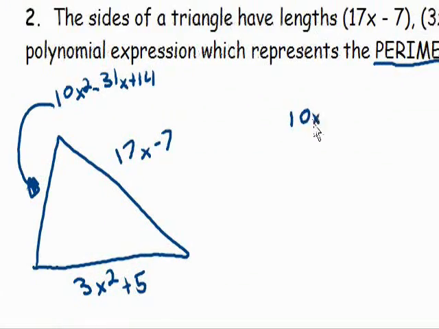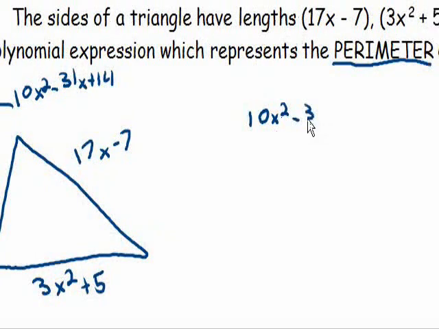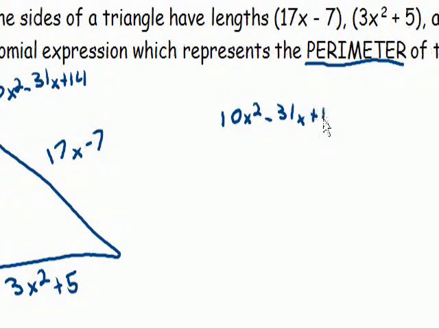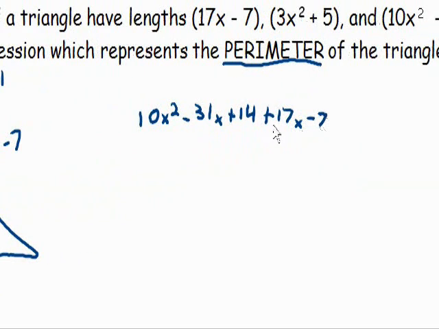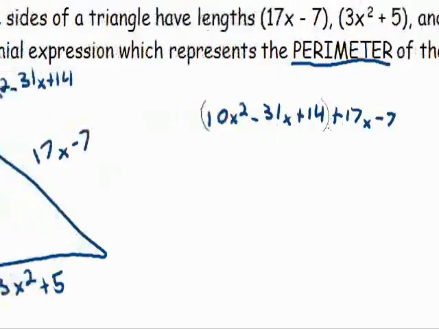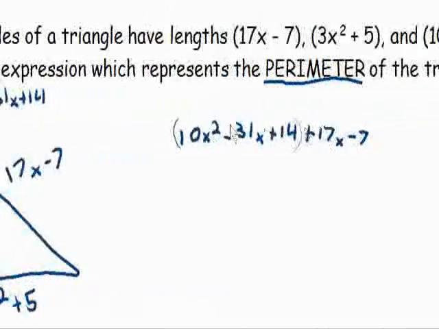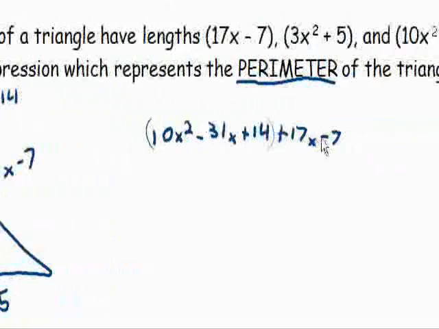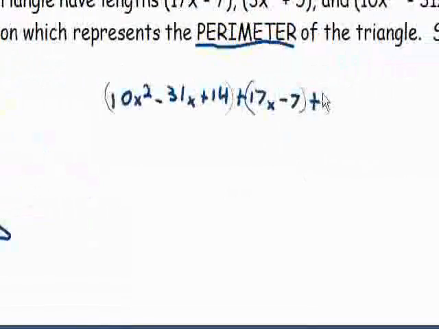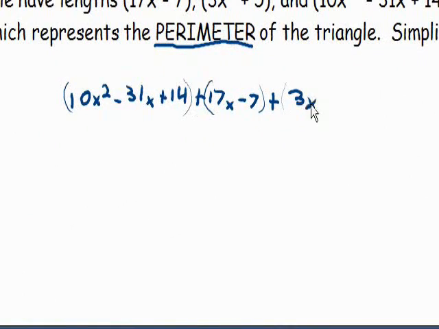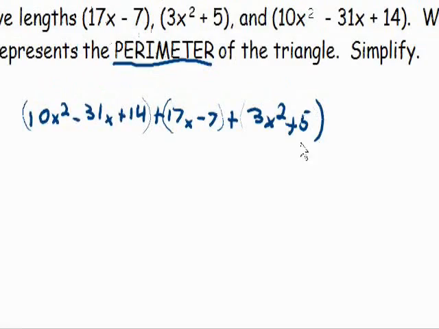So 10x squared minus 31x plus 14 plus 17x minus 7. Notice what I just did was here I rewrote this length and I'm adding it to this length here, 17x minus 7. Then I'll add it to this length here, 3x squared plus 5.